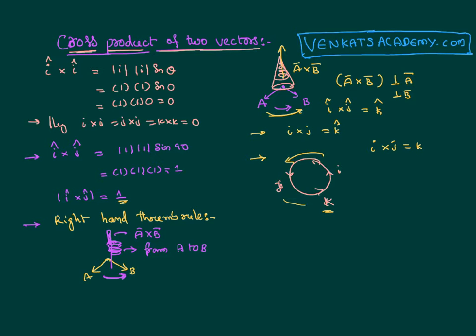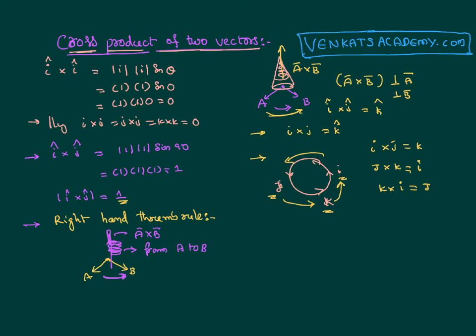Now I can say j cross k is equal to the remaining one, I, or I can write k cross I is equal to the remaining one, j. This is how I can simply find the cross product of the unit vectors, right?